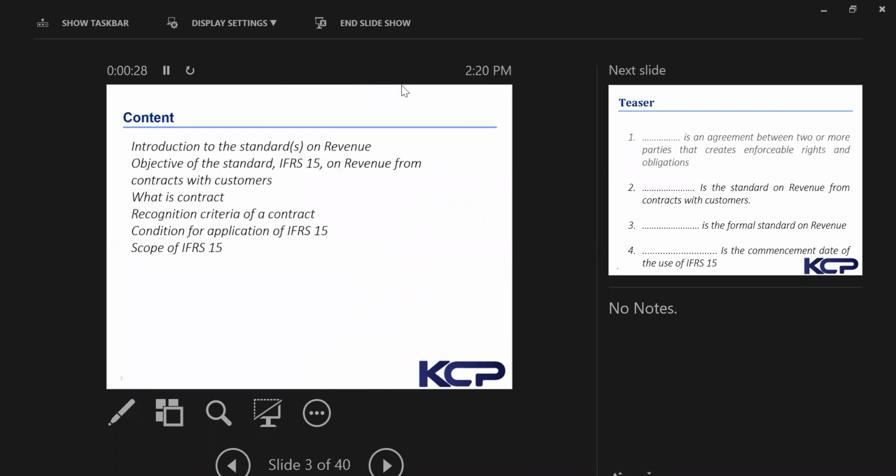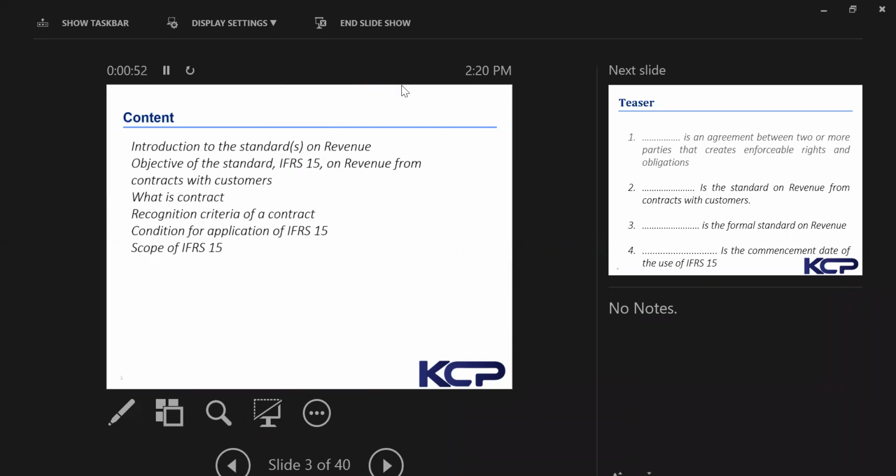Okay, so we'll be looking at the following. There will be lots of clarifications, discussion, and rub of opinions here. So we'll be looking at the following content: introduction to the standard on revenue. What is the objective of the standard? That's IFRS 15. What is it trying to achieve?